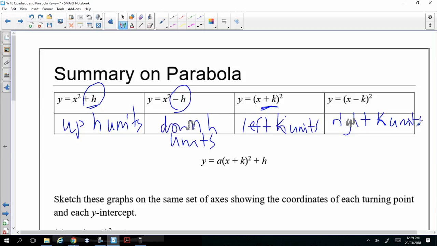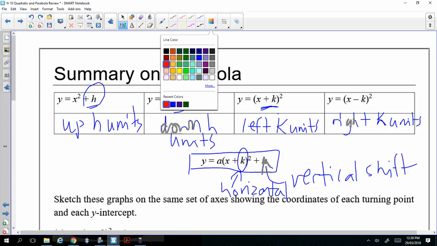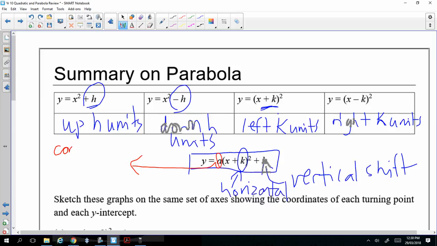So basically we're going to look at equations of this form. This thing is the vertical shift. This thing is the horizontal shift. And the A in front tells you whether it is concave up or down, depending on whether it is positive or negative. So if A is positive, it's concave up; if it's negative, concave down.